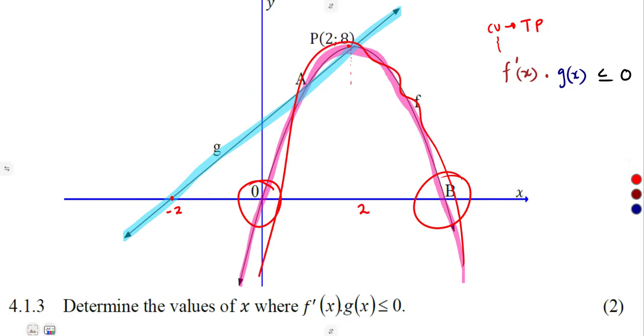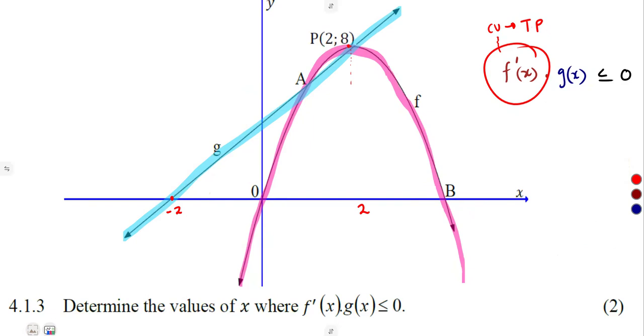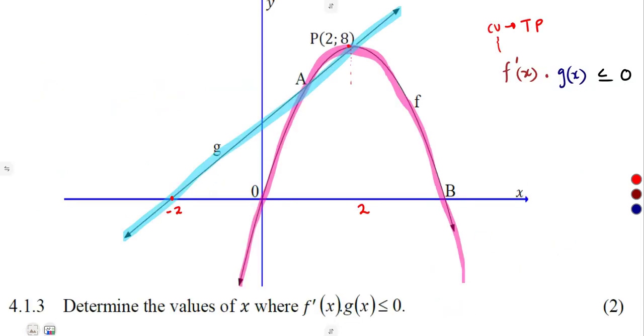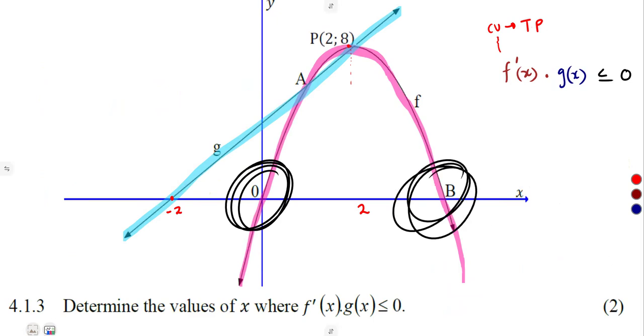Of f. F is not given. We are given its derivative. So we do not work with the x-intercepts. For the first derivative, the critical value is what? The turning point. So do not waste your time trying to have solutions from those 0 and b.